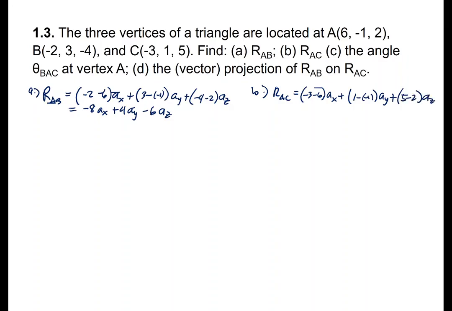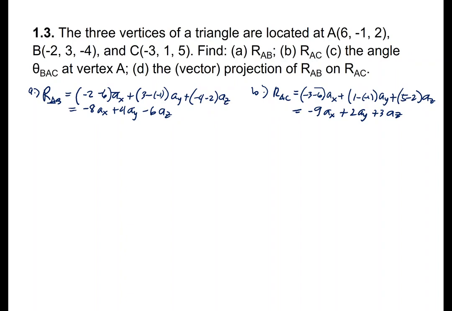I hope you follow. So you have the answer negative 9 AX plus 2 AY plus 3 AZ. So these are the two vectors.